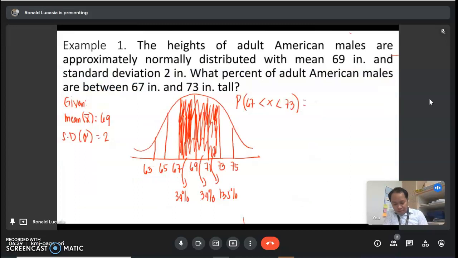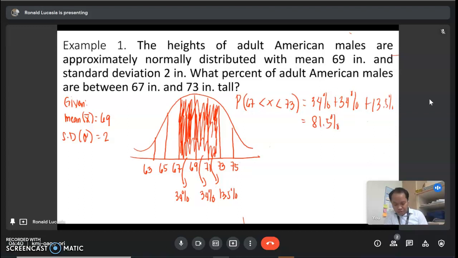that is going to be 34% plus 34% plus 13.5%. That will give you 81.5%.